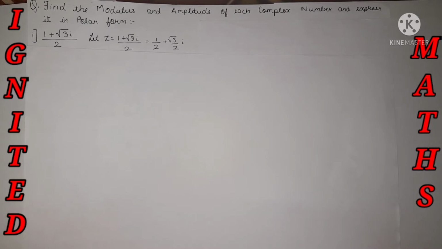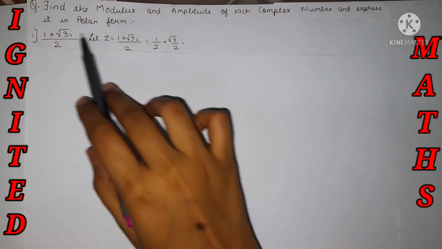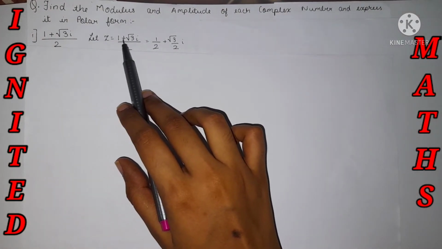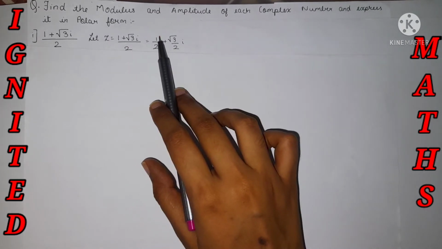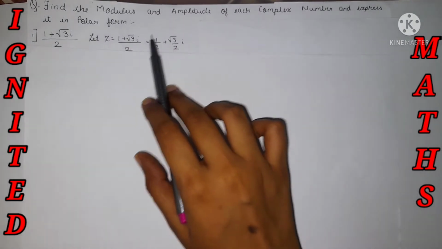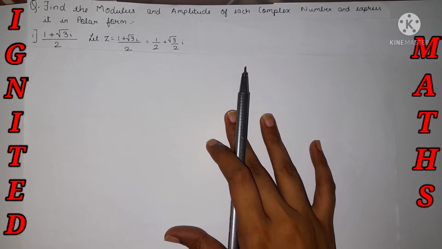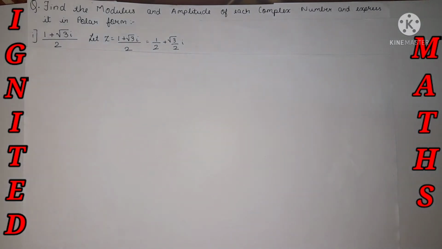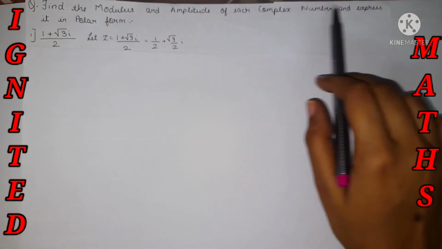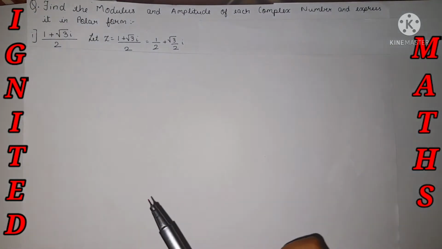The given complex number is 1 by 2 plus root 3 by 2 i. It is a complex number in the form of a plus bi. We need to find the modulus and amplitude of it, and after finding it we need to express it in the polar form.